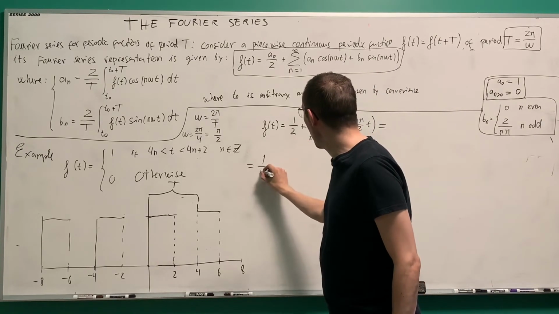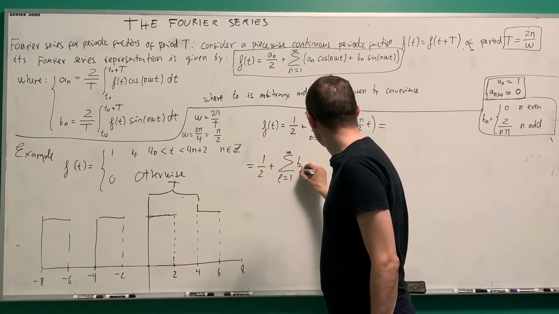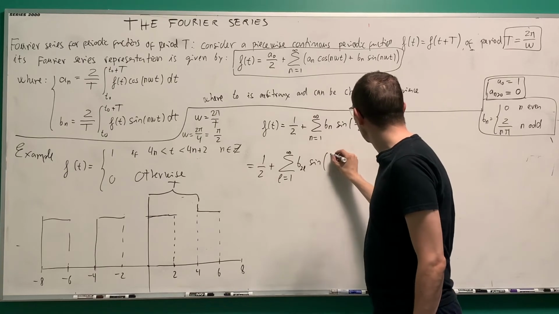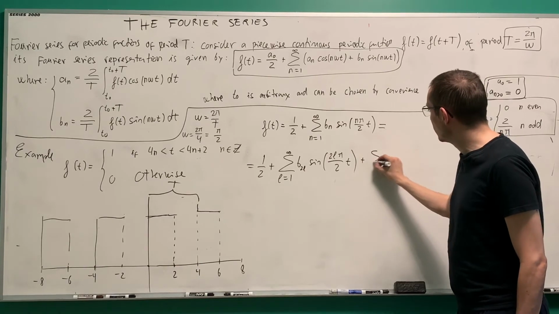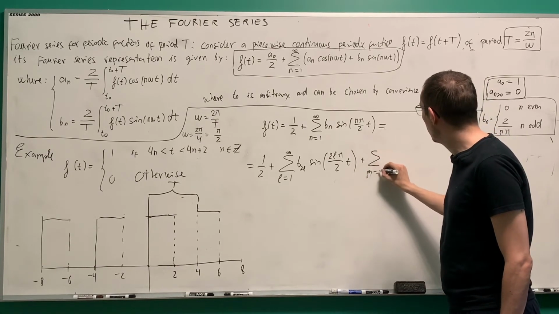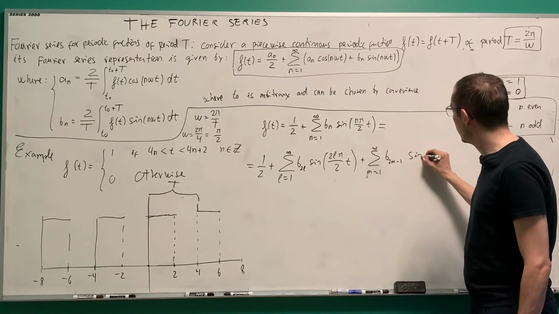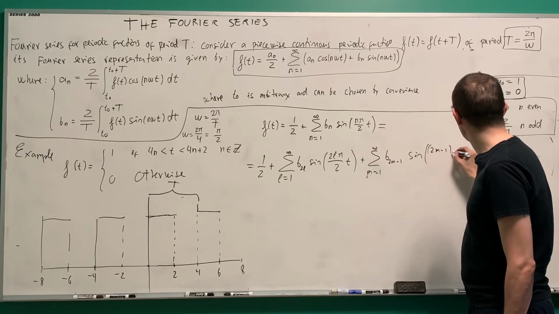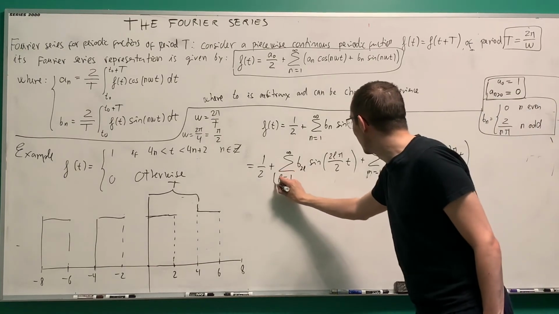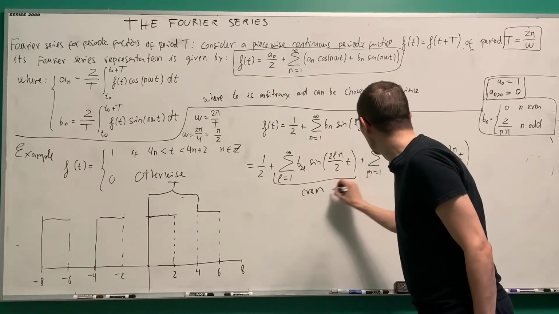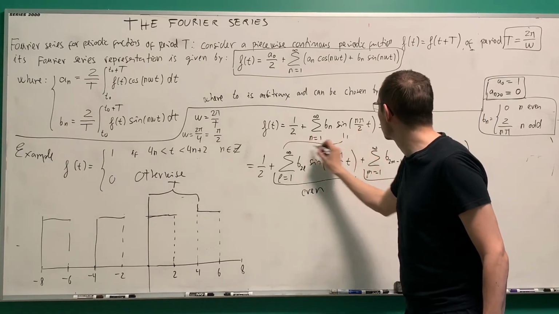This thing is equal to 1/2 plus the sum L equals 1 to infinity B2L sine of 2L pi over 2 t, plus another sum M equals 1 to infinity B(2M minus 1) sine of (2M minus 1) pi over 2 t. What did I just do? Well, I separated the even terms from the odd terms. And this is the same sum. This thing is equal to this.